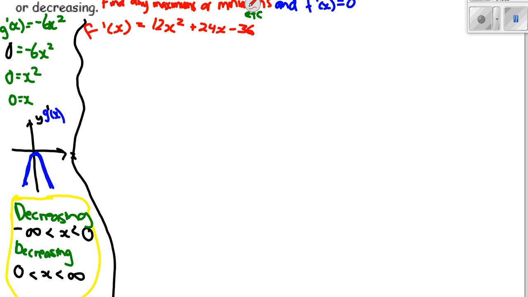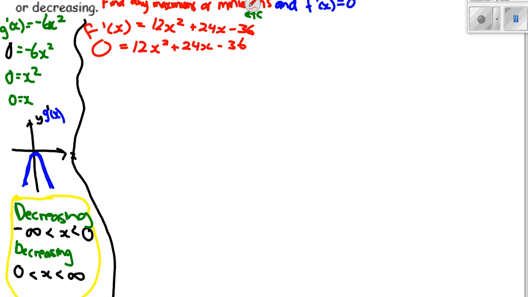So what we do is the first derivative test. We need to find out where any maximums or minimums or points of inflection are first. To do that, set the gradient equal to 0. Well done. So now let's set this equal to 0. 0 equals 12x squared plus 24x minus 36. This is a great one for practicing factorizing quadratics.